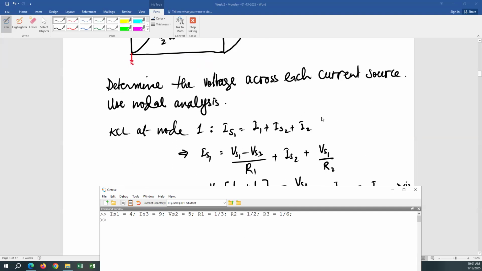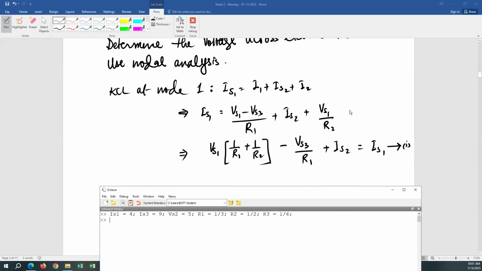So my coefficient matrix for the 3 unknown variables: from equation number 1, for VS1 I have 1 over R1 plus 1 over R2, VS3 negative 1 over R1, and IS2 1.